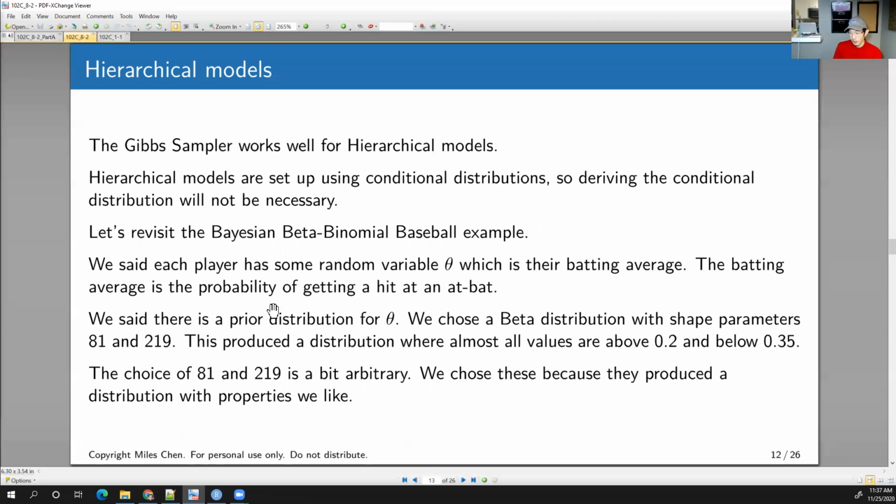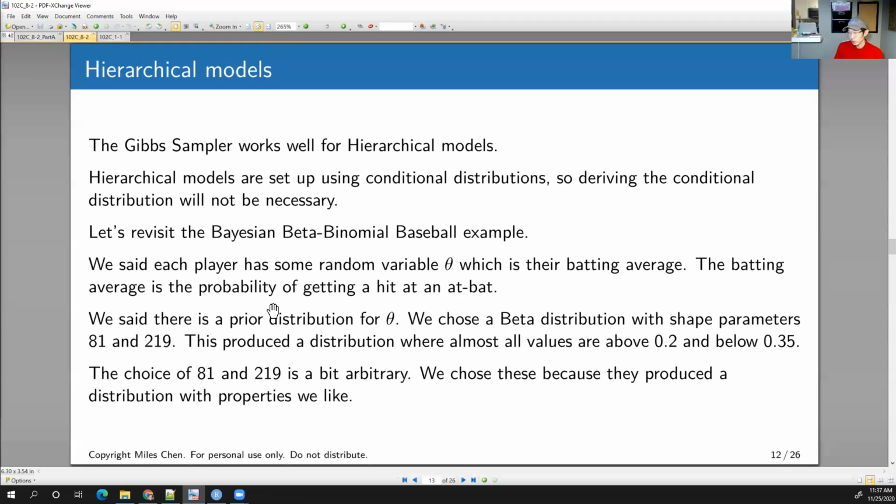The hierarchical model is set up using conditional distributions, so having to derive or factor out the conditional distributions won't be necessary. We'll set things up in this hierarchical fashion with conditional distributions, and so when it comes to setting them up, the conditional distributions are already there.